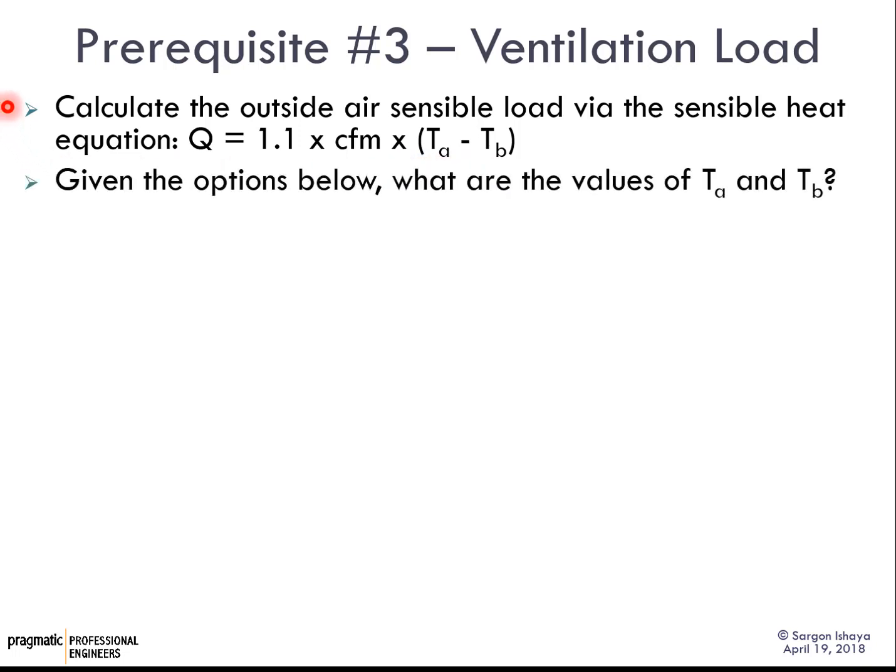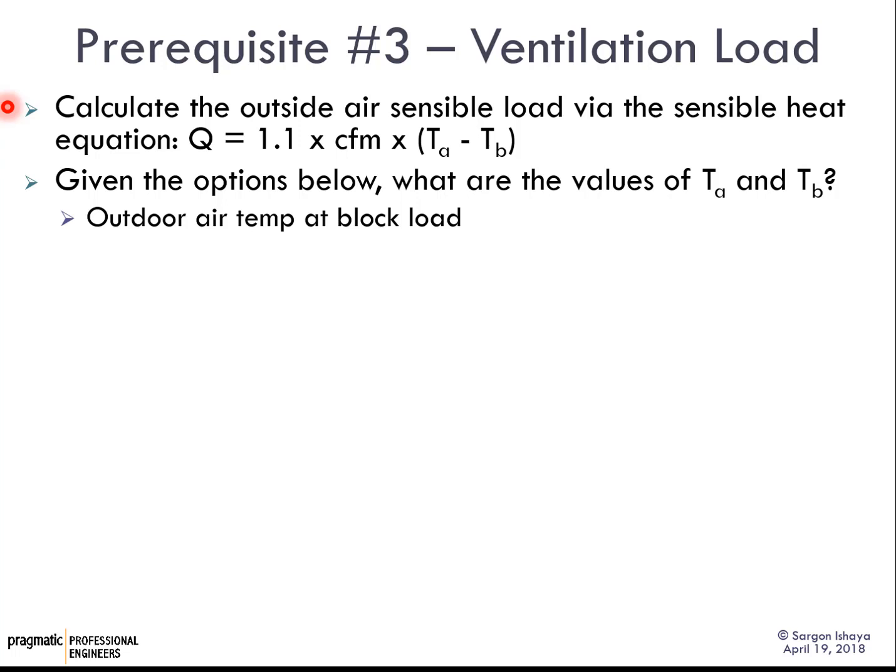So the question is, what are T sub A and T sub B in the equation? What should they be in order to calculate the ventilation load? If we are looking at TA and TB, we have some options.